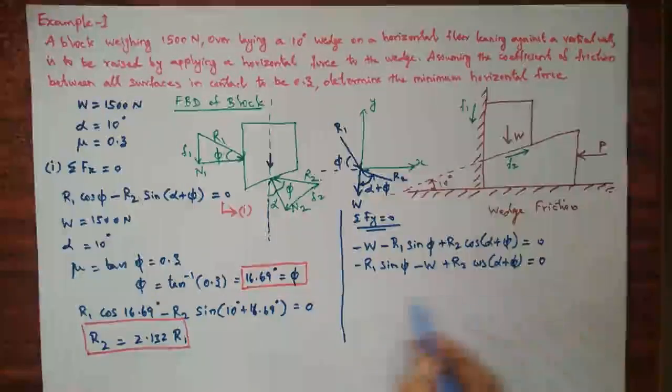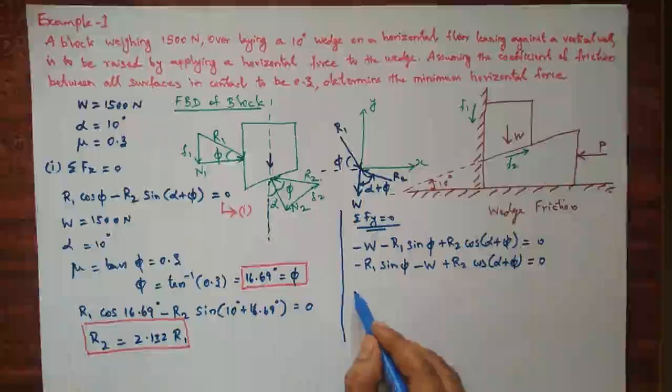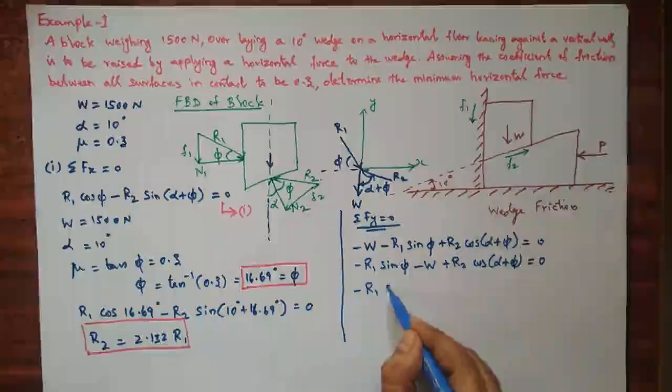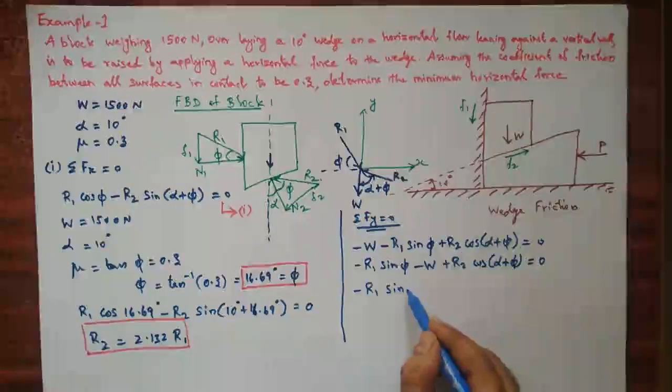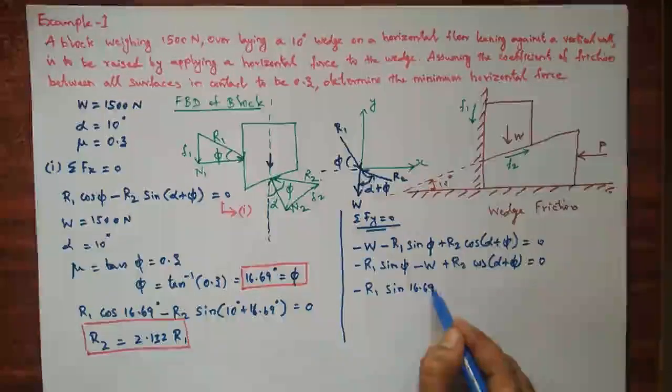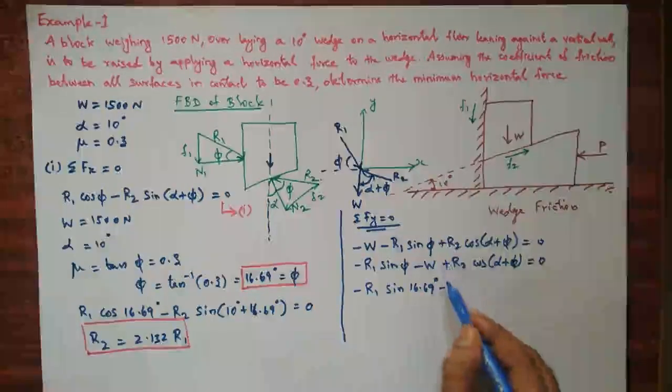So from that, now I am going to substitute all the values. Minus R1 sin 16.69 degree minus 1500.